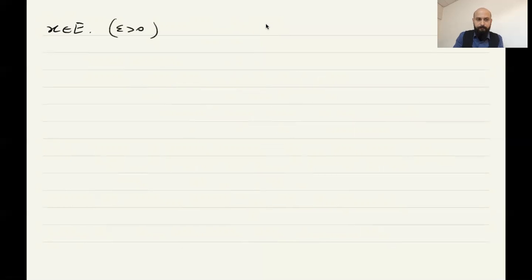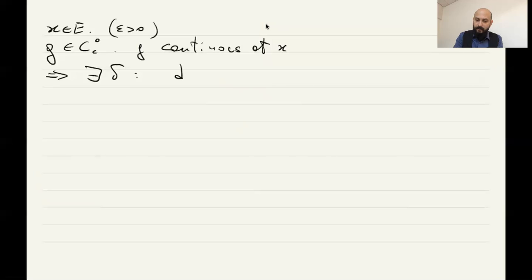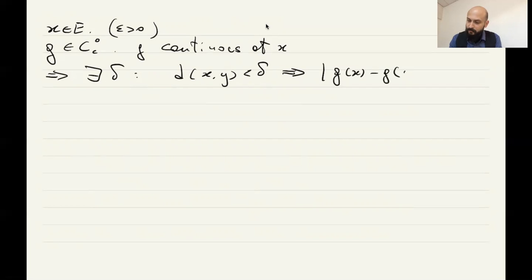We know that g is a compactly supported continuous function. So g is continuous at x, and therefore there exists some delta such that if y is another point at distance less than delta from x, then the image points have distance less than epsilon by continuity at x.